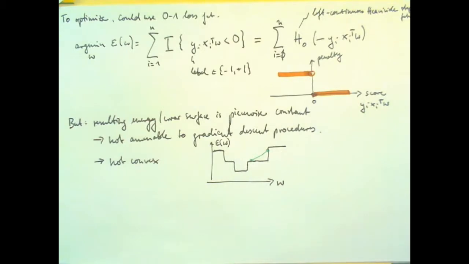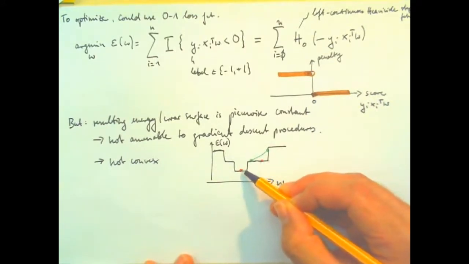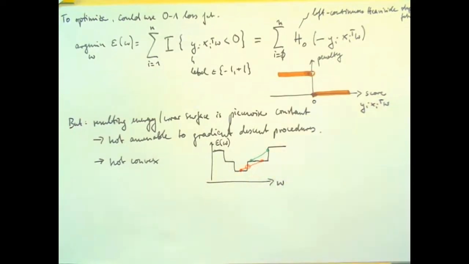For this particular secant which I've shown, the thing is true. But if I take this point here and that point, you see that the secant now intersects the original function. So we do not have a convex optimization problem if we use the 0,1 loss.